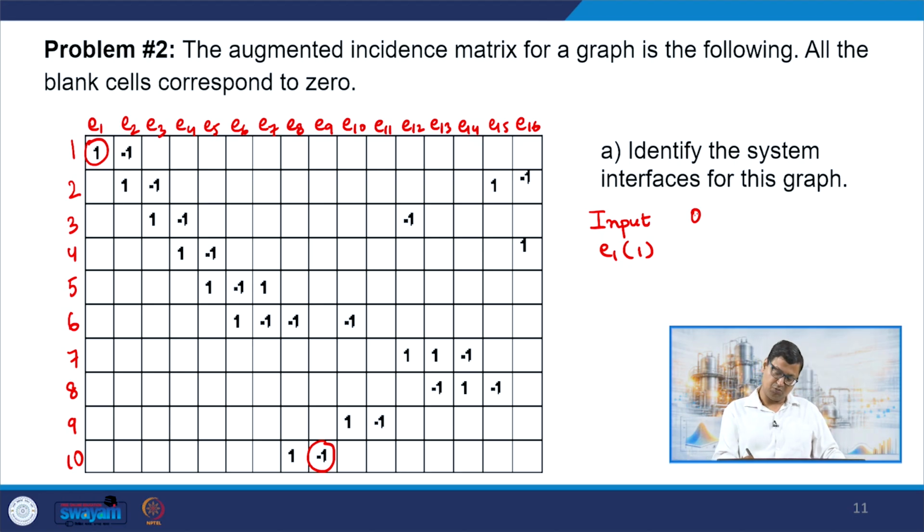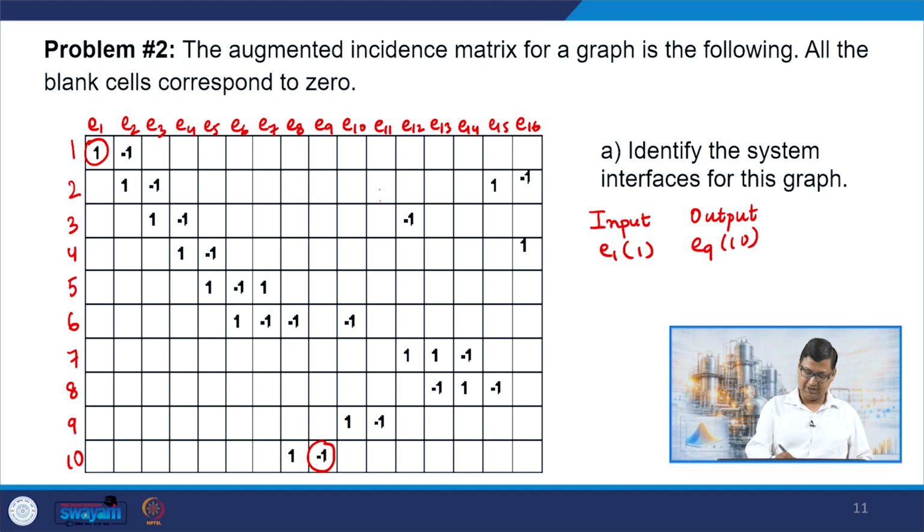So, this is an output interface from 10. Then we go further, and E11 is also an output interface from 9, and all the other edges correspond to internal edges. So, we have three interfaces identified.